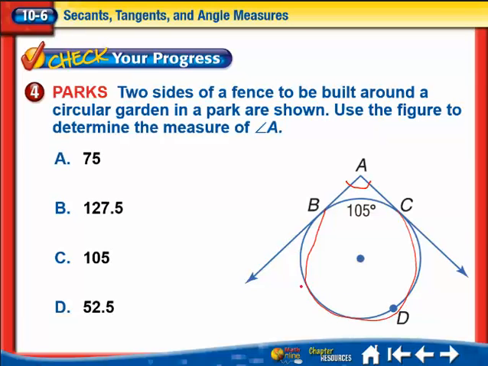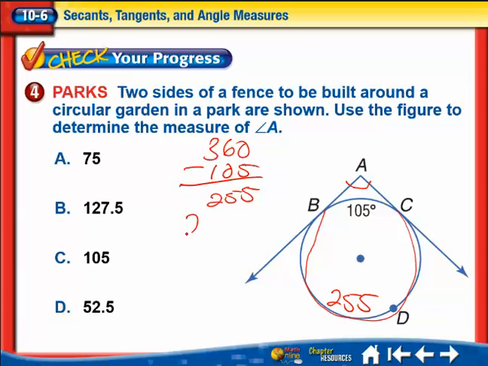Well, if the whole circle is 360, then the missing part is going to be 360 minus 105. And so that's going to be 255. Is this big arc right here. So 255 minus 105 divided by 2 is 75.